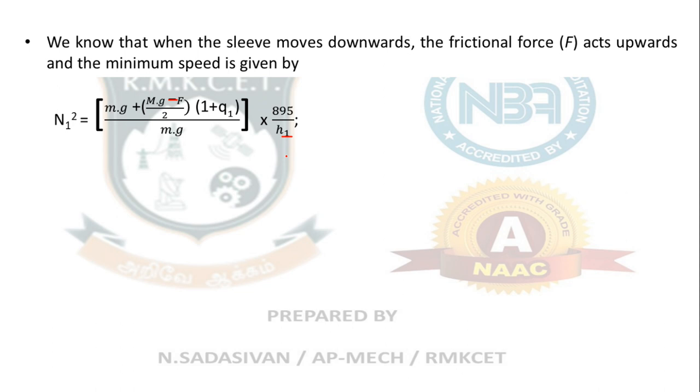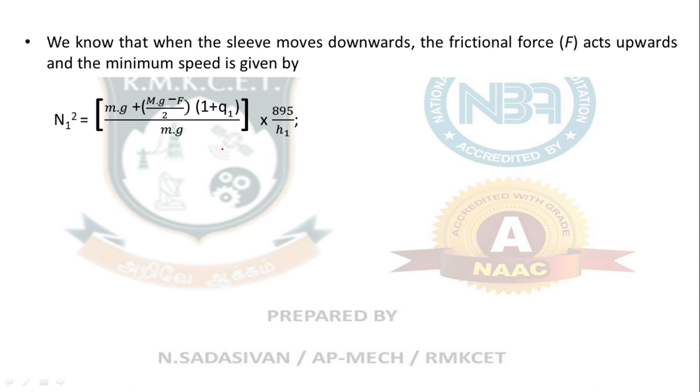So this is your most complicated formula for speed. Small m into g plus capital M into g minus f, divided by 2. When q comes into the picture, this divided by 2 and 1 plus q will come. If q is not there, this q will also become 1. So 1 plus 1 is 2, you can cancel these two things. That's how the formula got simplified. But now q is there in the picture, therefore this divided by 2 and 1 plus q will come.